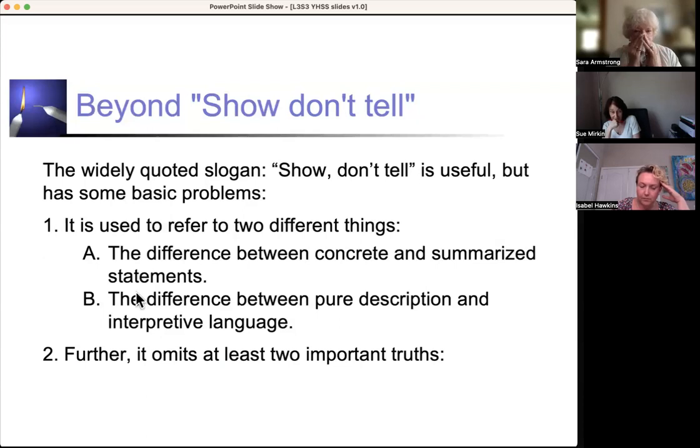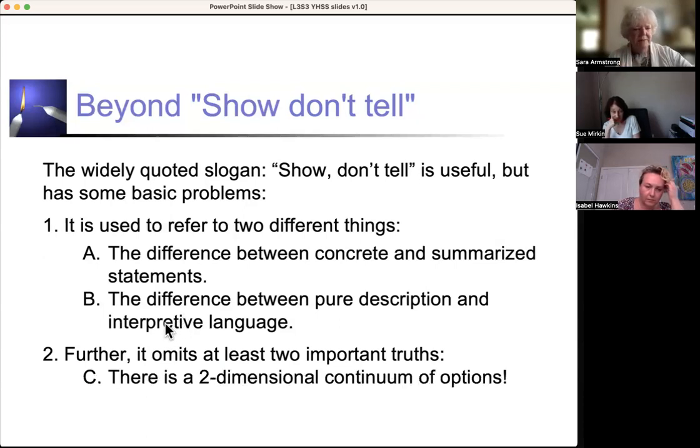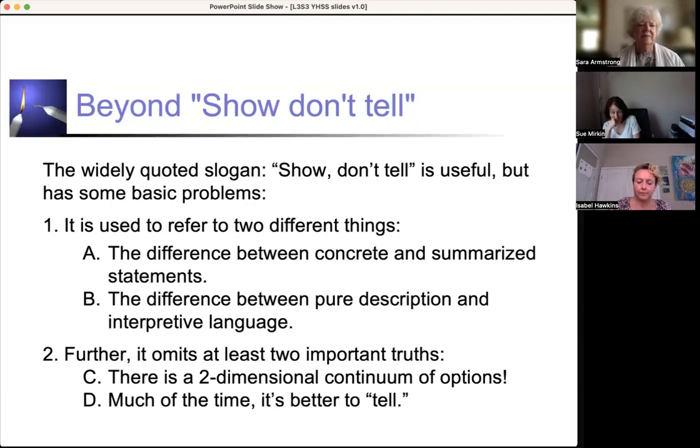And on top of that, this show don't tell omits at least two important truths. One, there is a two-dimensional continuum of options, right? Dimension this way, dimension this way. And much of the time, it's better to tell. Now, we haven't talked about that, but why is it sometimes better to tell?